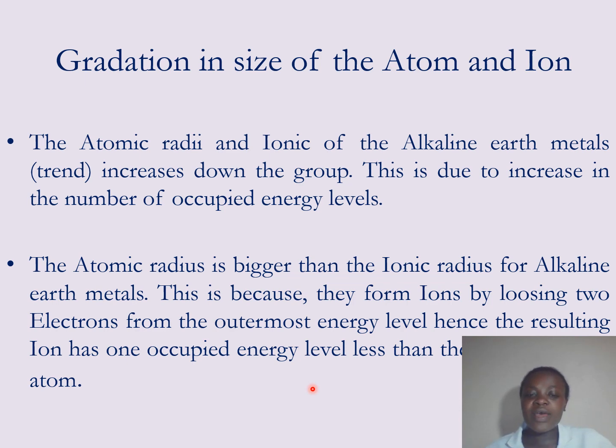When an alkaline earth metal is reacting, to attain stability, that is 2:8 or 2:8:8, it needs to lose 2 electrons in the outermost energy level, meaning the entire energy level will be lost, making the ion smaller than the atom.